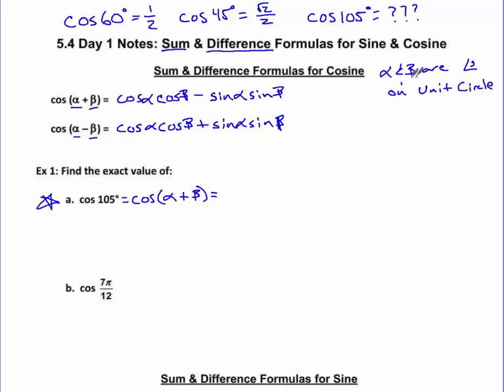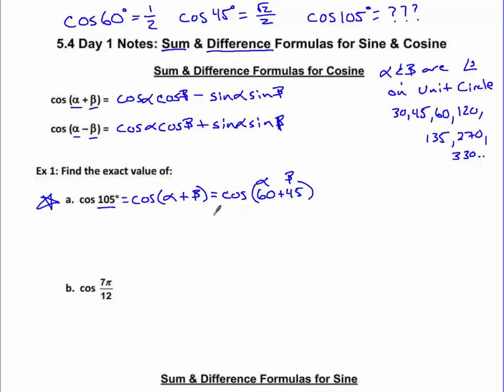So unit circle values like these are like 30, 45, 60, 120, 135, things like this, right? 270, 330, anything that's on the unit circle that we always use. So 105 is the same thing as 60 plus 45. All right, so 105 is 60 plus 45. So 60 is the alpha and 45 is the beta. It would not matter if you did it in the opposite order. It would still come out the same.